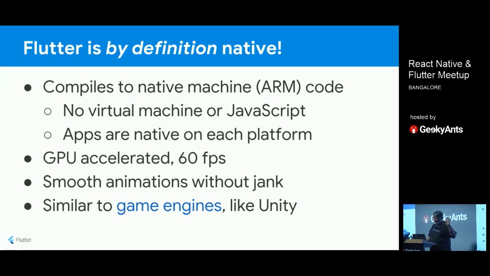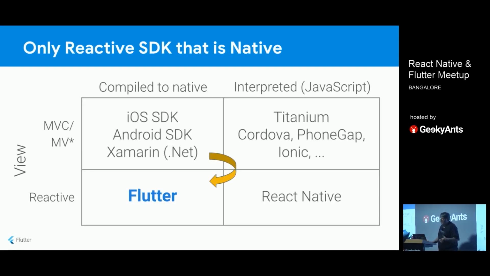Unity compiles down to native code as well. All right, and in fact, Flutter is the only reactive SDK that is native, right? So that alone should make it worth your while to try it out. I mean, how many people here like using JavaScript for writing their large apps? Okay, I do too, actually, okay?